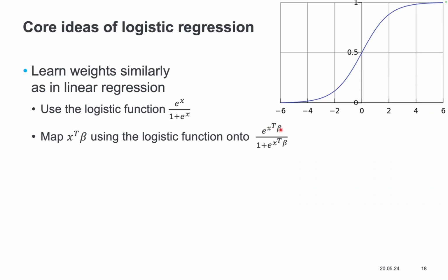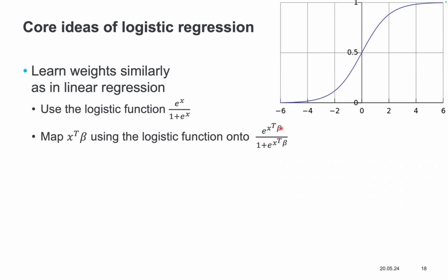If the linear component is negative, then e to the power of a negative number becomes a very small number. The same is true for this term in the denominator. This very small number in the denominator can be neglected, and we divide by 1 plus a small number, so basically by 1. So we have a small number divided by something slightly larger than 1, so we have a very small number.